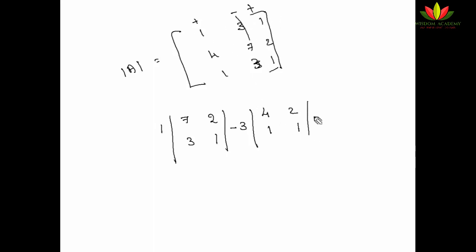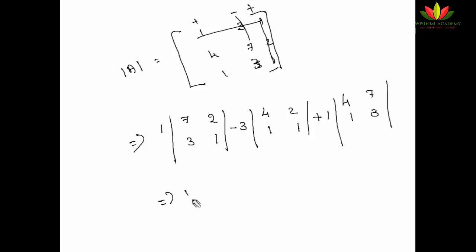Next is plus 1, right? So I put plus minus plus first, then continue like this. I will leave this row and this column. What I will have remaining is 4, 7, 1, 3.